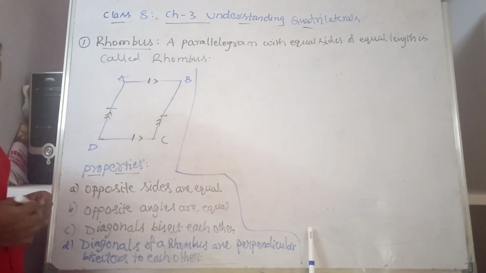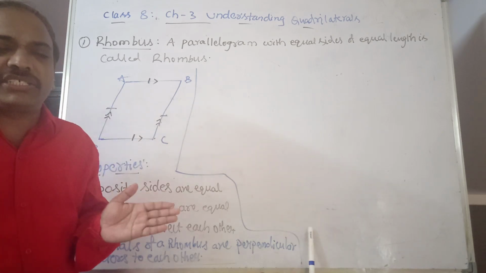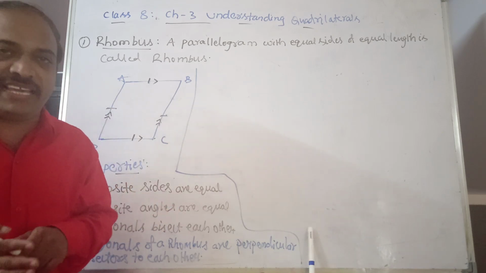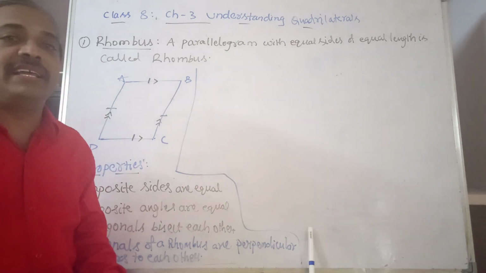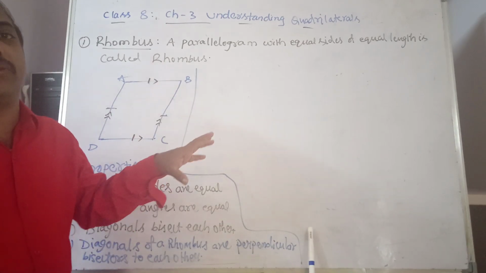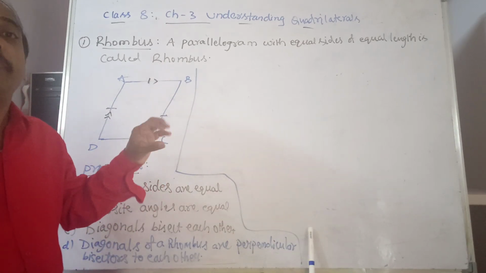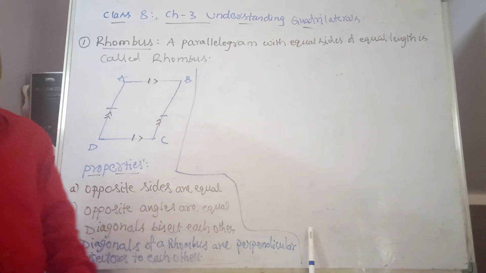So a parallelogram with sides of equal length, where each side is equal, is called a rhombus. A rhombus means all sides are equal, but it is a parallelogram.